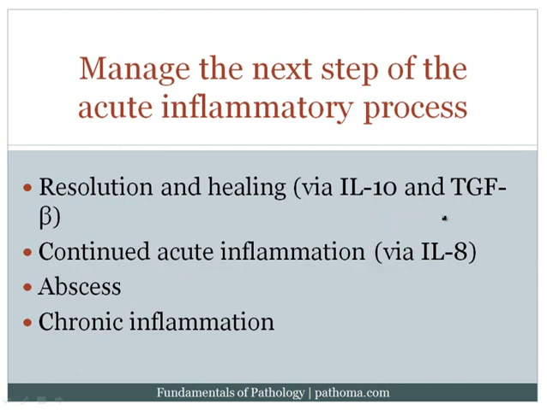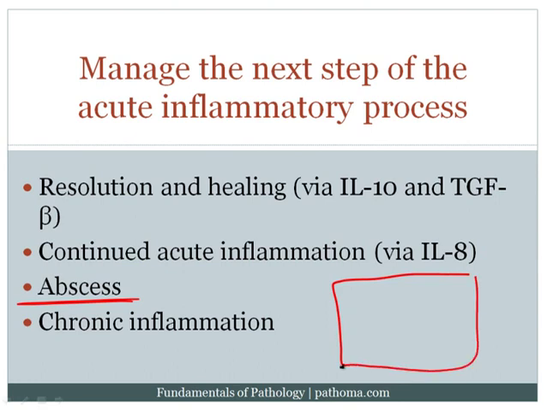Now, another possibility is that the macrophages can come in and they could basically sense that the organism is a particular type of organism that needs to be walled off to protect the rest of the host, the organ. And so they can actually call in or create an abscess. And what's an abscess? An abscess is an area of fibrosis. So let's pretend that this is an organ.